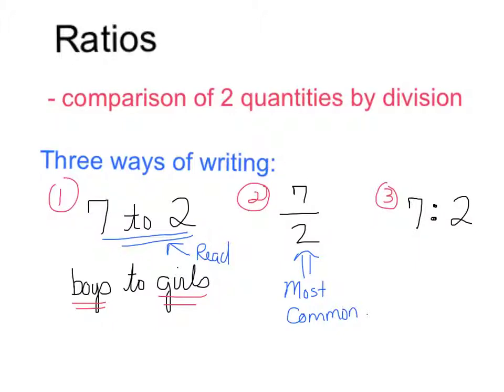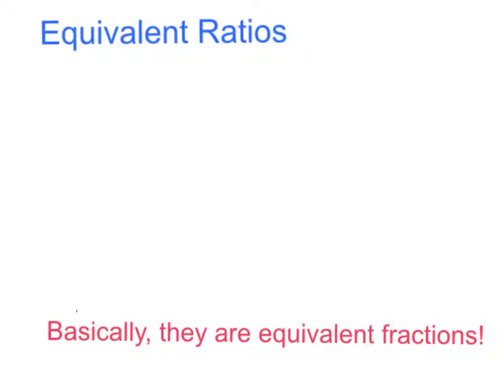When I begin to look at equivalent ratios, for example, if there are 14 girls to, let's say, 12 boys, it's a 14:12 ratio, but I can go ahead and divide both these numbers by 2. So an equivalent ratio would be a 7:6 ratio.